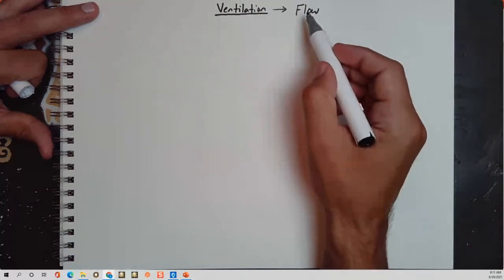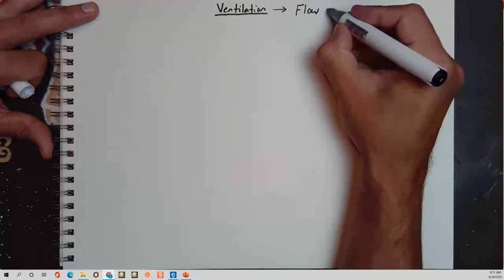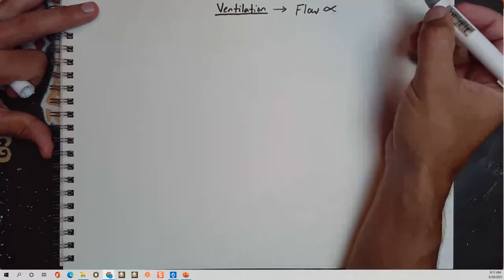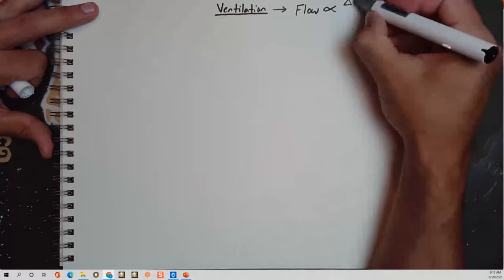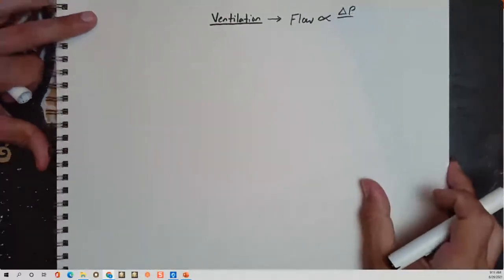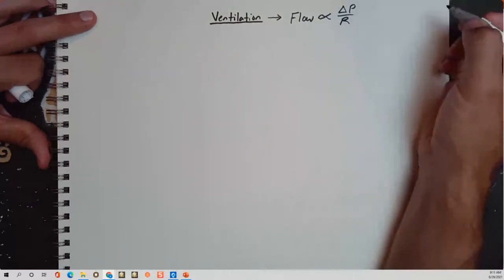And we know something about flow already. I hope this is boring to you, because that means that you guys have learned. Flow is proportional to a pressure gradient, and it's always opposed by resistance inside of those tubes.